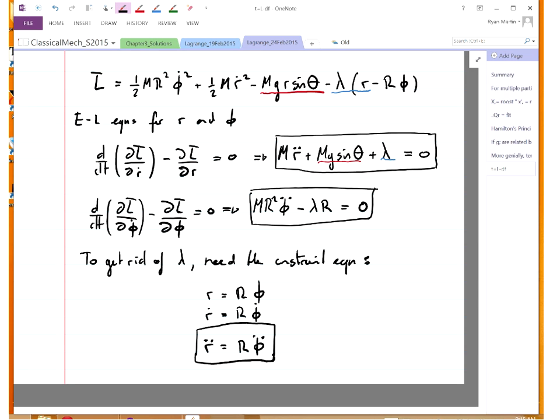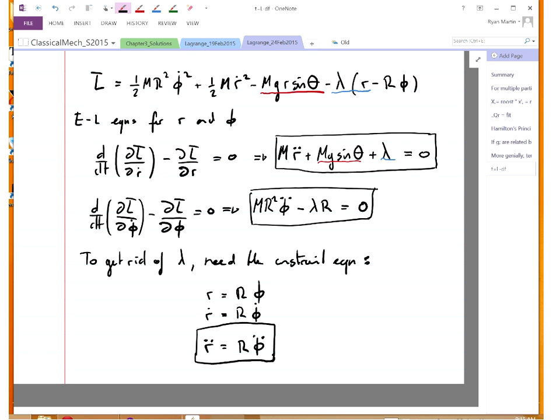Now we're almost going against our original intent, because we're going to use this equation, of course, to eliminate one variable in terms of the other. And that was the whole point, to avoid that with the Lagrange multipliers. But we're not doing this to get rid of r double dot or phi double dot.